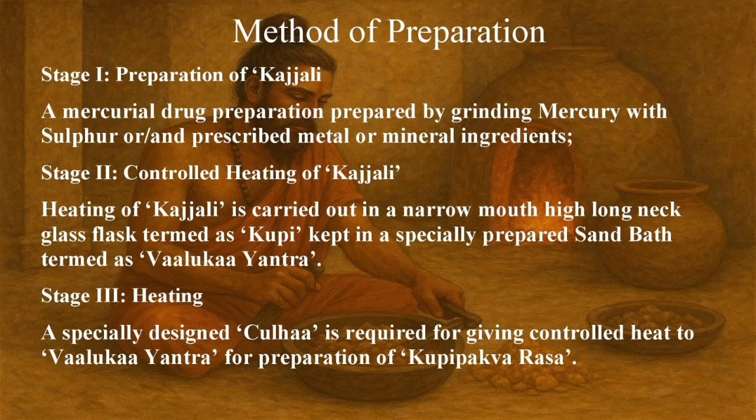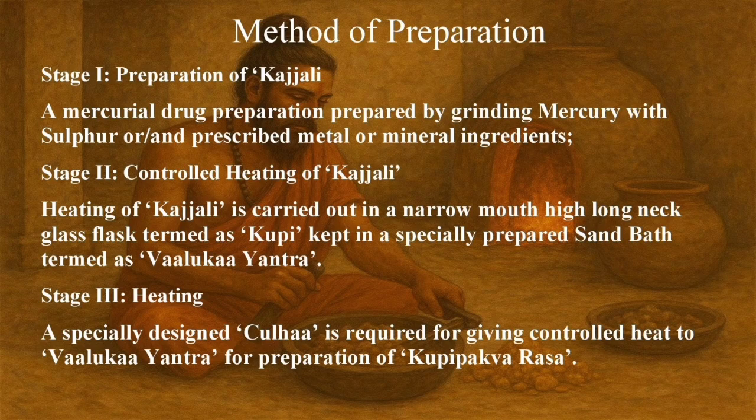So, the method of preparation of Bhasma includes three stages. First is preparation of Kajali, a mercurial drug preparation prepared by grinding mercury with sulfur or prescribed metal or mineral ingredients. Stage 2 is controlled heating of Kajali.